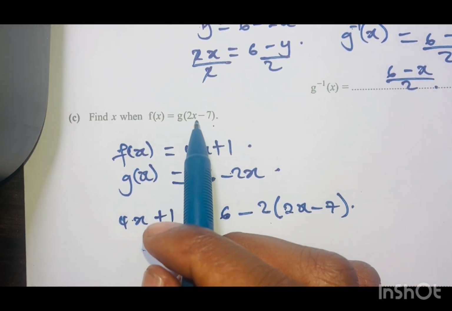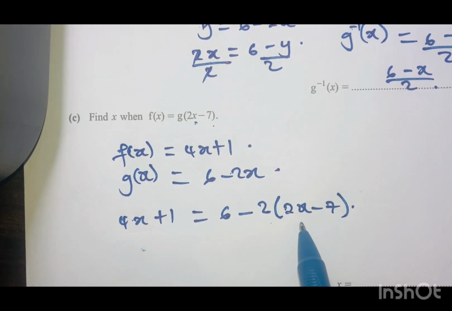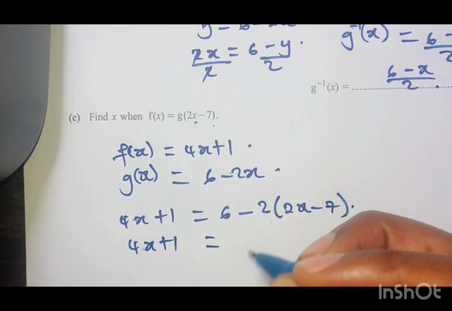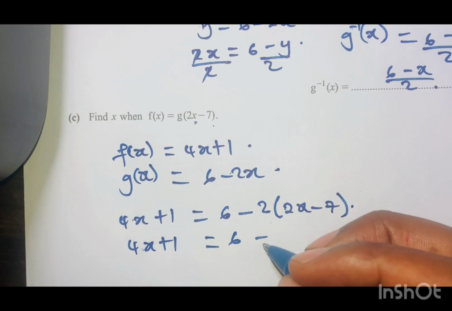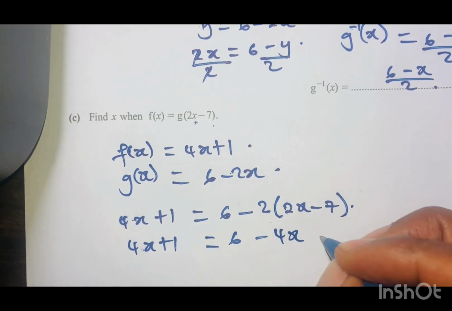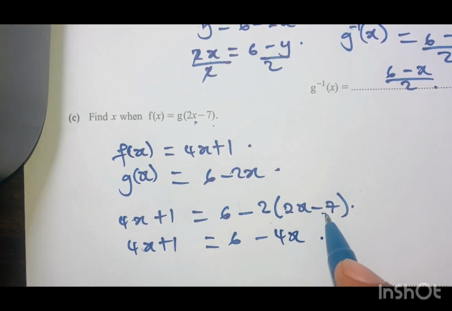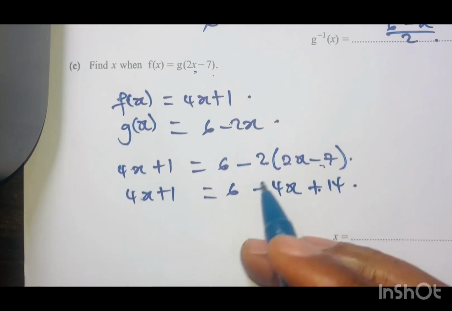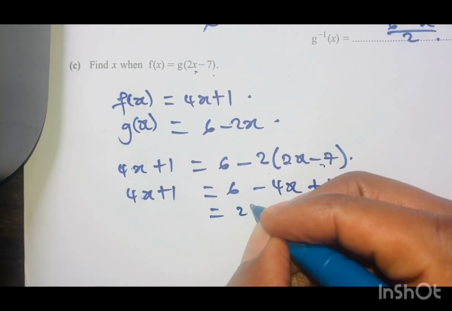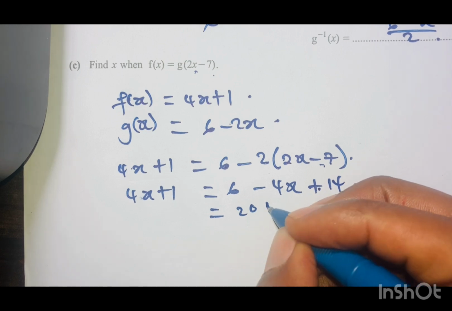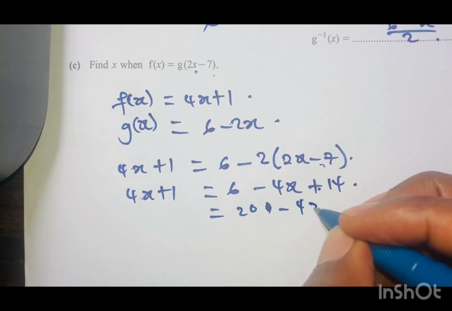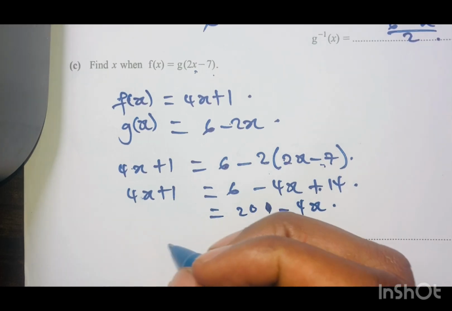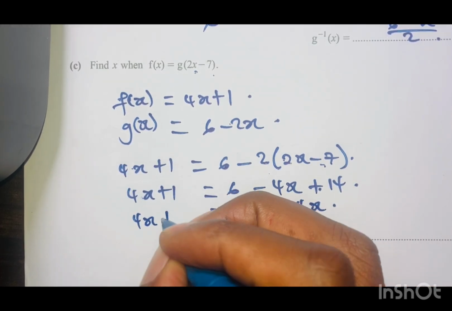I've inserted 2x minus 7 into g, so I'll say 4x plus 1 is equivalent to 6 minus 4x, then minus 2 times this one, it will become plus 14. So 6 plus 14 is 20, so 20 minus 4x here, and 4x plus 1 here.